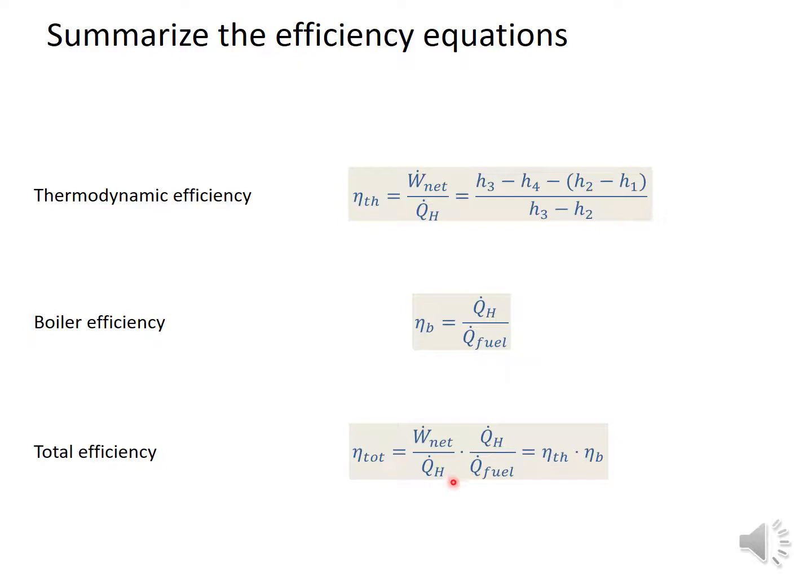And if we expand by QH divided by QH here, we see that we can term the total efficiency as the thermal efficiency times the boiler efficiency here. So let's say we have 40% here and we have 95% here, then 0.4 times 0.95 will give us the total efficiency of the cycle.